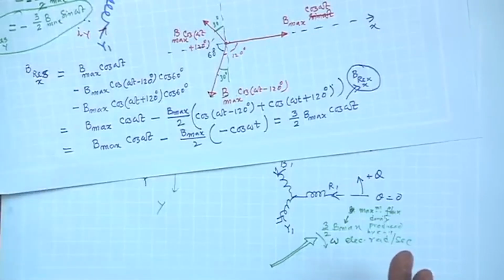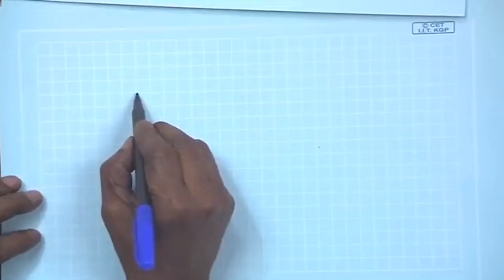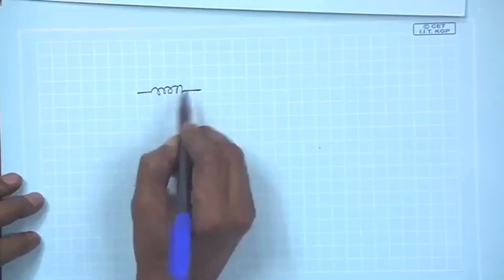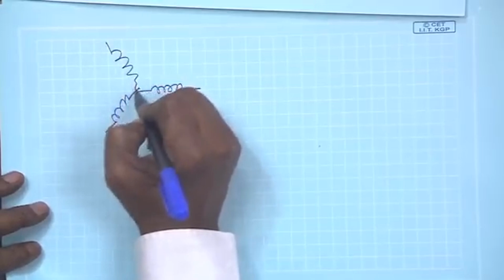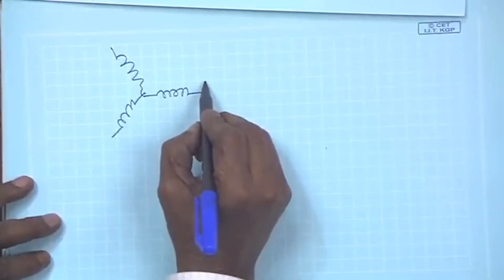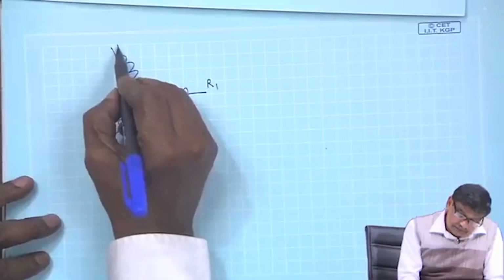After we have done this, I will ask you a simple question. Suppose I have a winding like this. It is your R1, this is Y1 and this is B1.